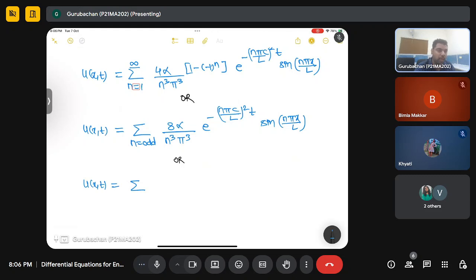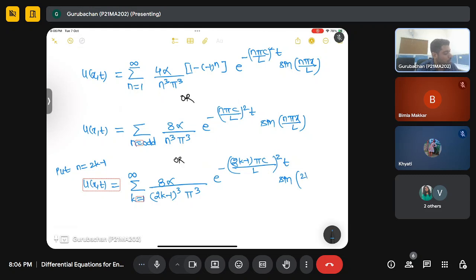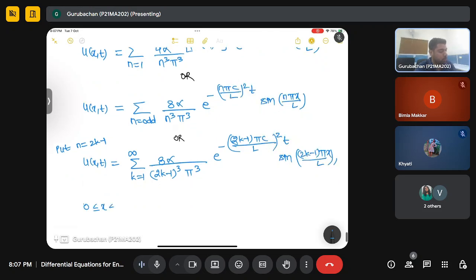If I substitute n as 2k minus 1, since it contains only odd terms, this will give you 8 alpha divided by 2k minus 1 cube pi cube, e to the power minus 2k minus 1 pi c divided by L, this whole square t, sin 2k minus 1 pi x by L. So this is your solution valid for this domain, the required solution of the given initial boundary value problem.